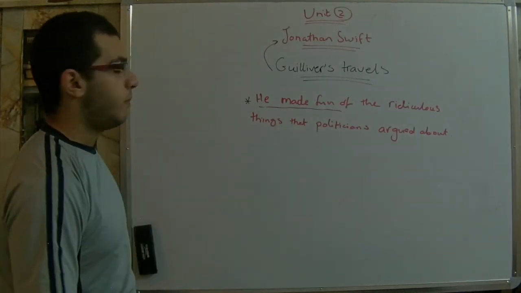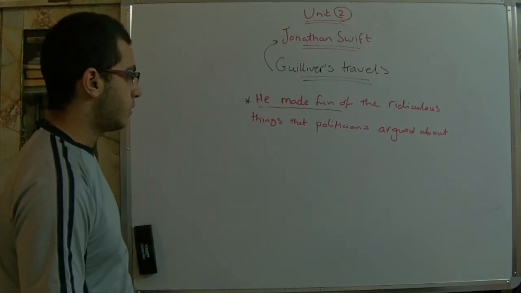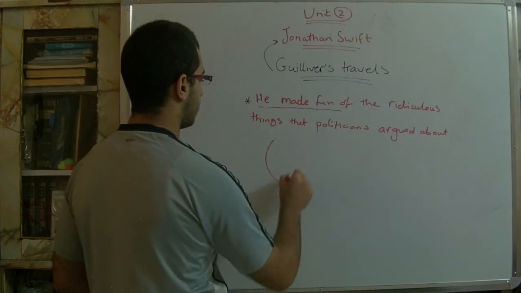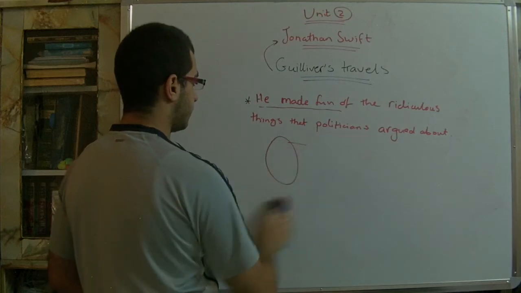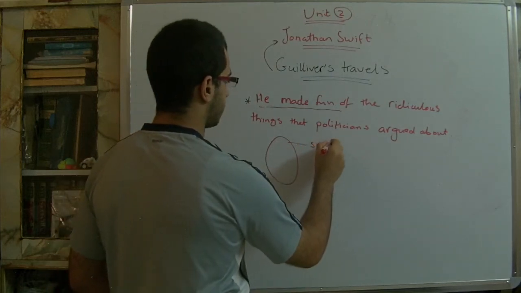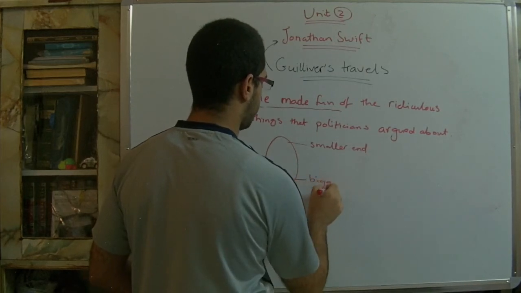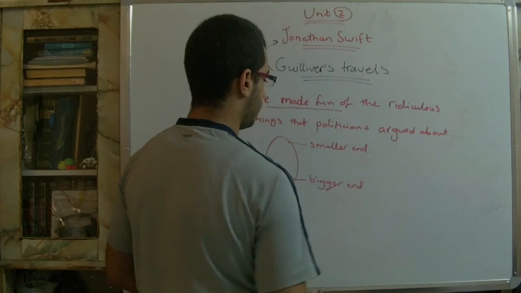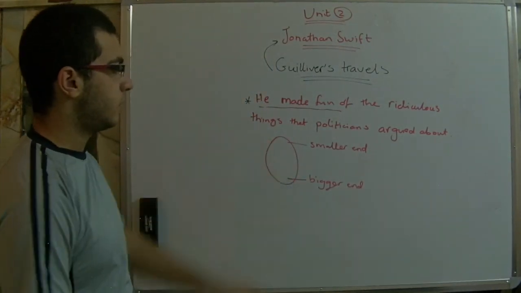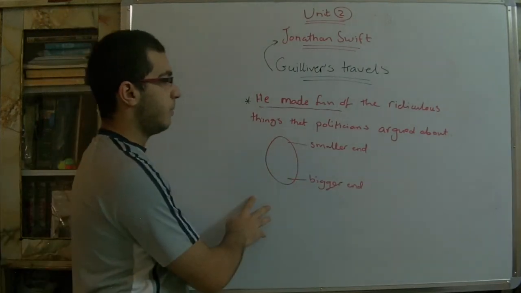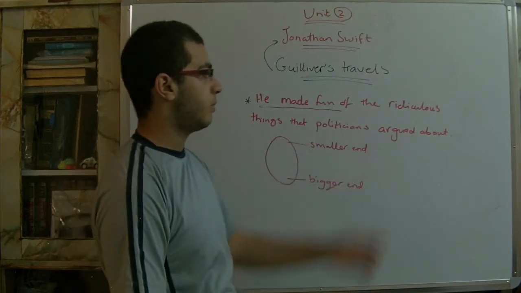For example, the people of Lilliput didn't decide how to break a boiled egg from the bigger end or the smaller end. So this was an example for the ridiculous thing that the politicians in the time of Jonathan Swift argued about.